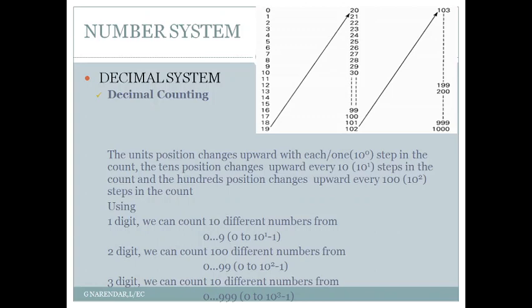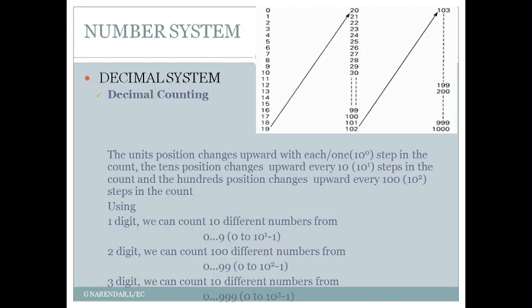First, we need to remember that the digits available to form any number or for counting in this decimal system are 0 to 9. Only 10 digits, as it is a base 10 system. So 0, 1, 2, 3, 4, 5, 6, 7, 8, 9 are the first 10 counts that we can make with the 10 digits of this number system.